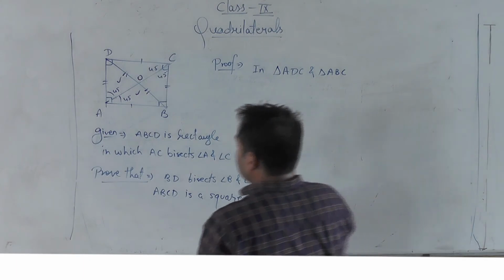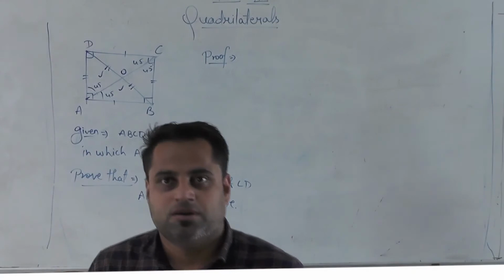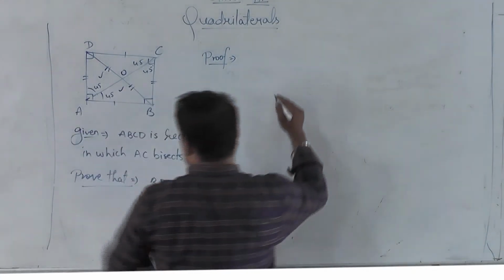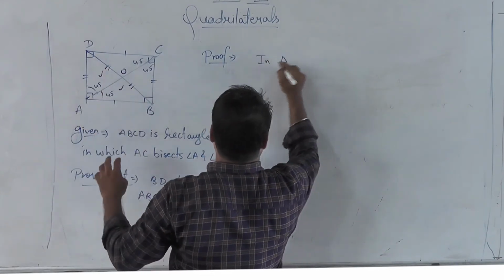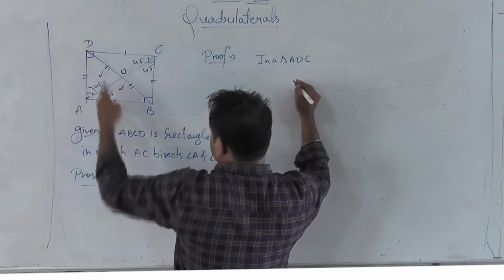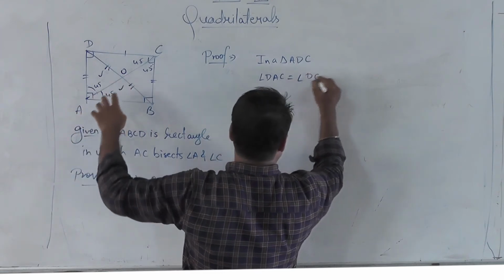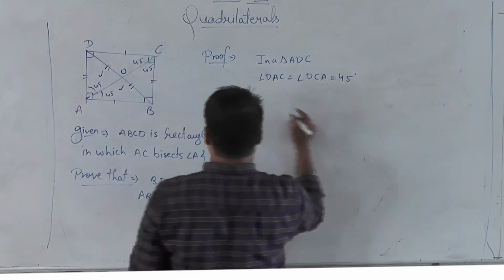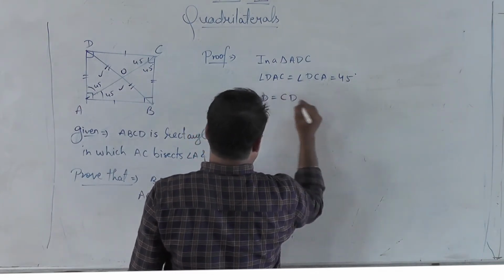First we'll show that BD bisects angle B and D. Okay, let's start again. As you can see the angle divides, so I am taking triangle ADC. Since angle BAC is equal to angle DCA, both become 45 each because of the bisector of the 90 degree angle, so we can say that AD is equal to CD.